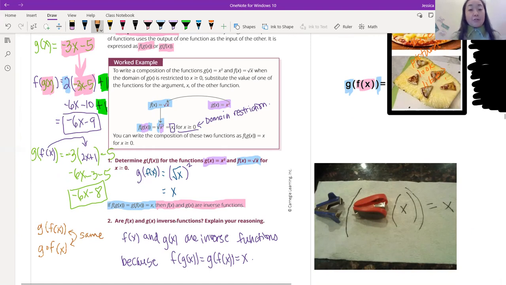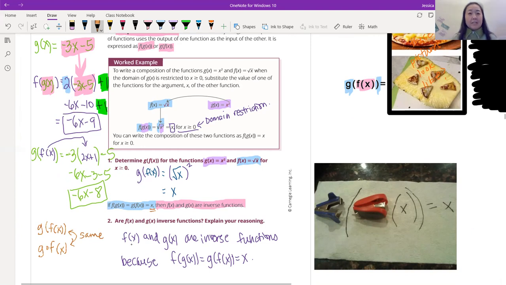Here's the thing that you should highlight. I would write it out in big words if you do not have a book. If f of g of x and g of f of x are equal to x, and it has to equal x, it can't equal anything else, then f of x and g of x are inverse functions. Just like that.